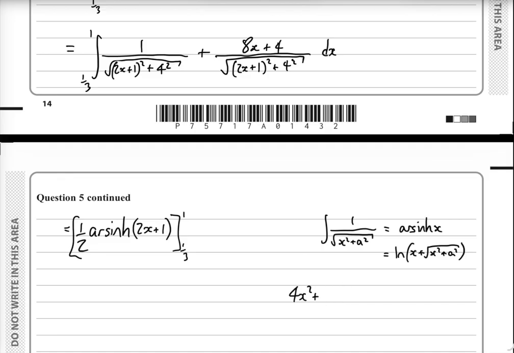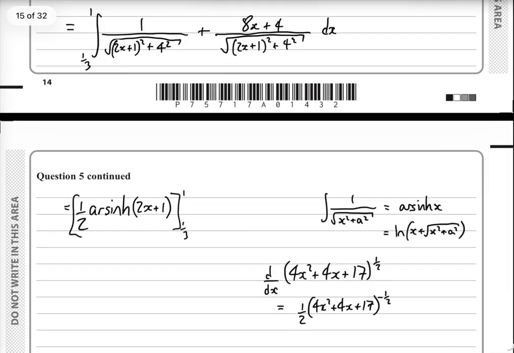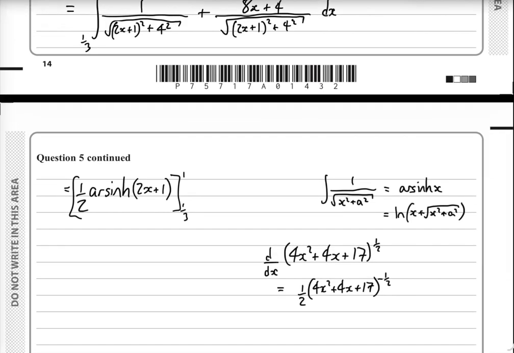Back to how we had before, 4x squared plus 4x plus 17. If I put that in a bracket with a power half and differentiate that, I think from experience that will get me very close. We get a half of 4x squared plus 4x plus 17 to the power minus a half, which matches the denominator up there. Then you have to multiply by the derivative of the thing in the brackets, which is 8x plus 4. Oh, exactly.